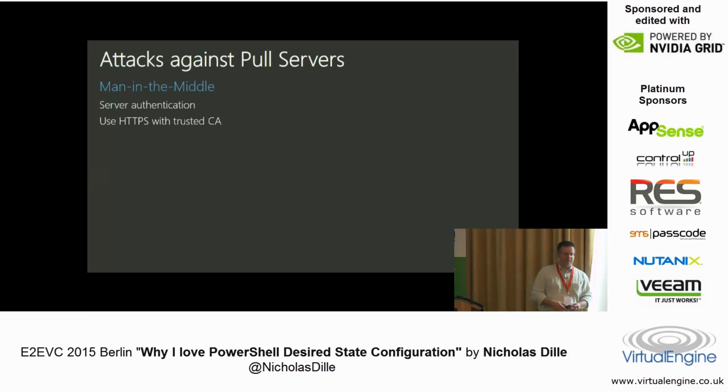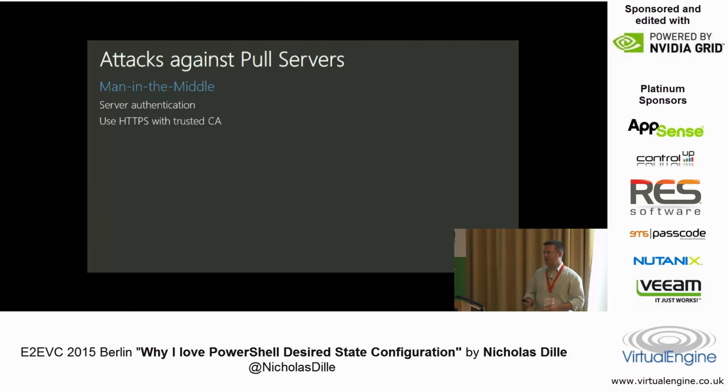So one thing is you want to protect yourself against man-in-the-middle attacks. So if you retrieve a configuration from the pull server, you definitely want to use HTTPS so that no one can intercept your call and send you some kind of node configuration that attacks your environment.